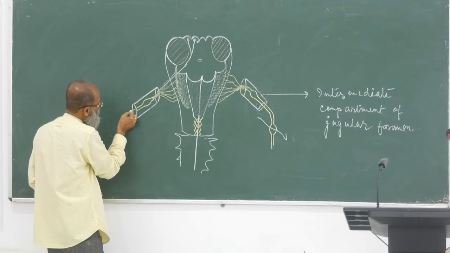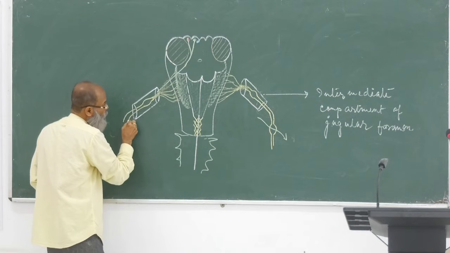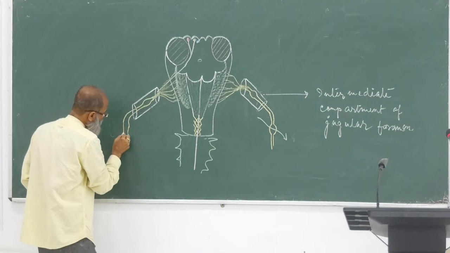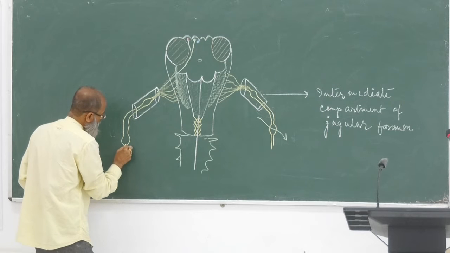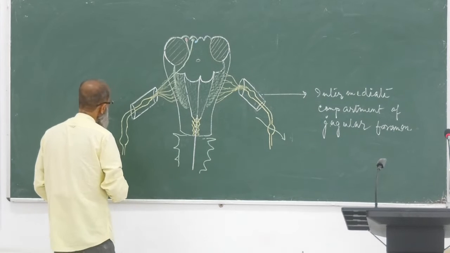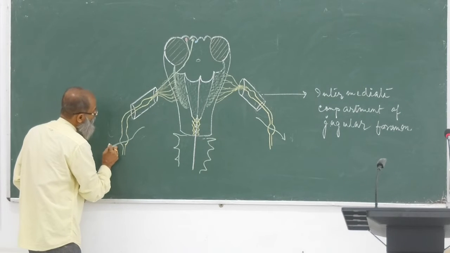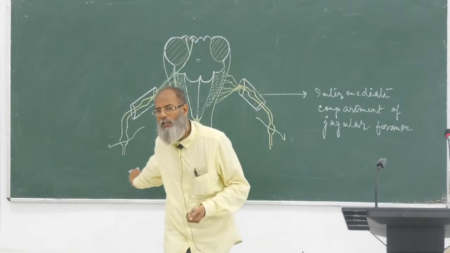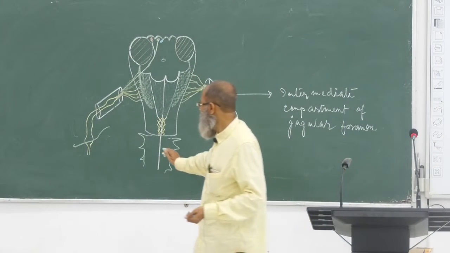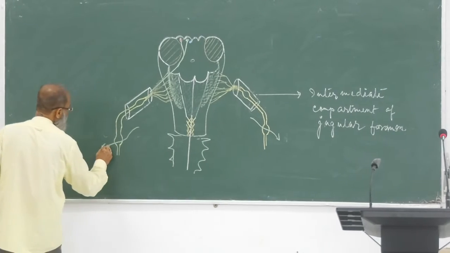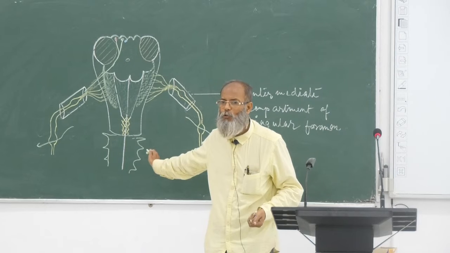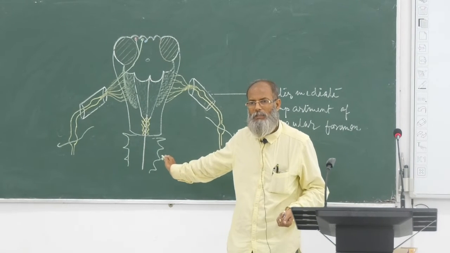After it comes out, it forms the inferior ganglion, or the nodose ganglion of the vagus. So this is the jugular ganglion and this is the inferior ganglion, the nodose ganglion. You see, this is the hypoglossal nerve. The hypoglossal nerve crosses superficial to the inferior ganglion, that is the nodose ganglion of the vagus.